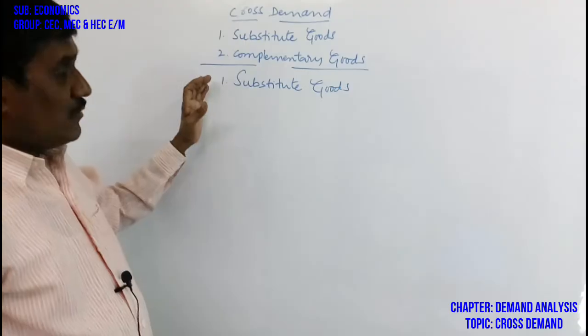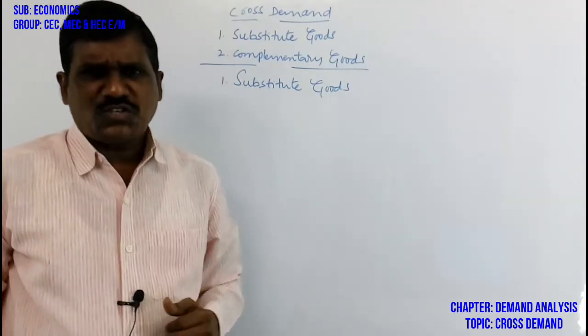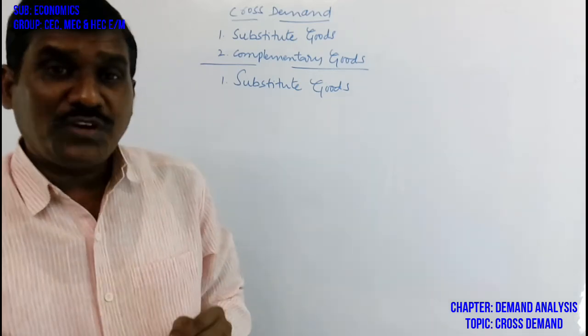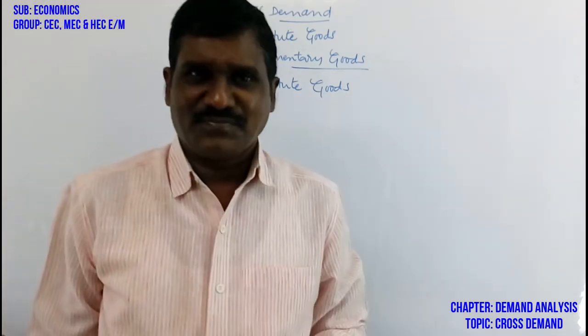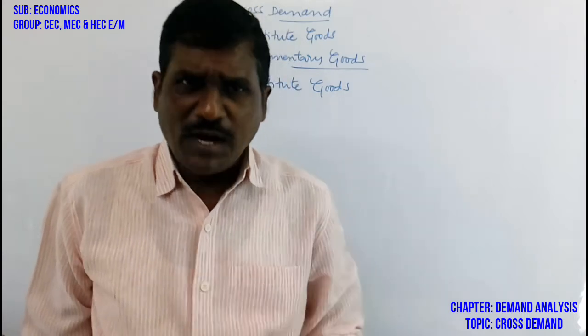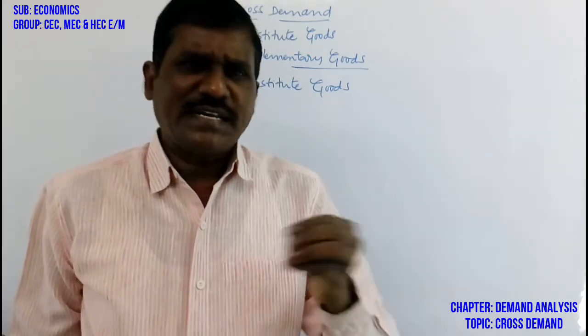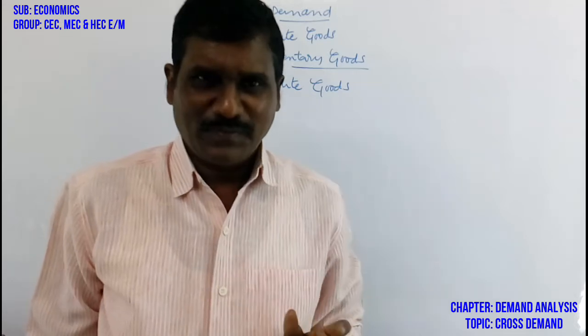See here, first one is substitute goods. Which are called substitute goods? One good is a substitute for another. Suppose we want to satisfy our want, and if one good is not available, the same want can be satisfied with another good.